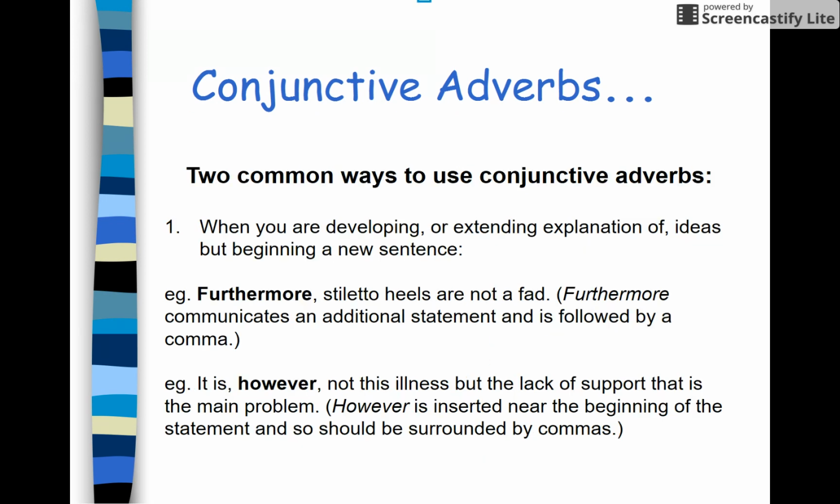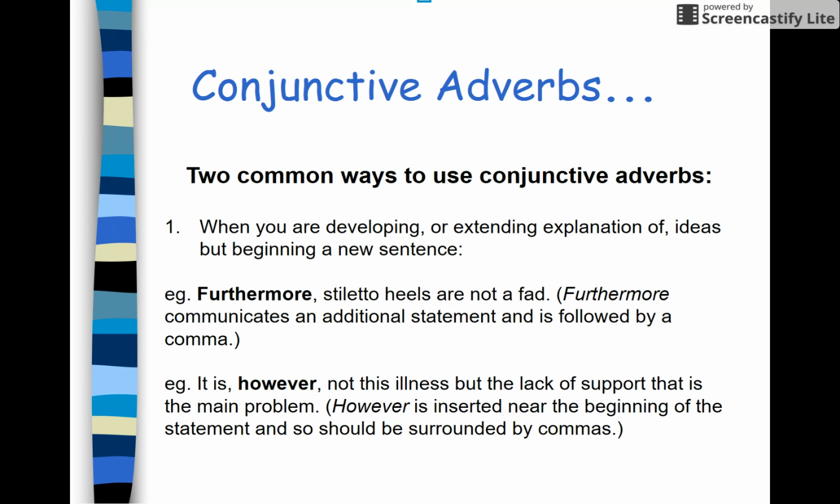So, two common ways to use these conjunctive adverbs. First of all, when you are developing or extending an explanation of particular ideas, but you're beginning a new sentence. So, you've got some information. Furthermore, stiletto heels are not a fad. So, furthermore communicates an additional statement and so is followed by a comma.